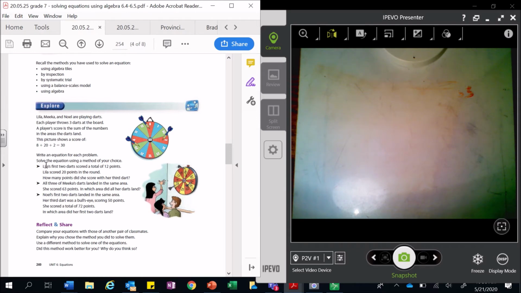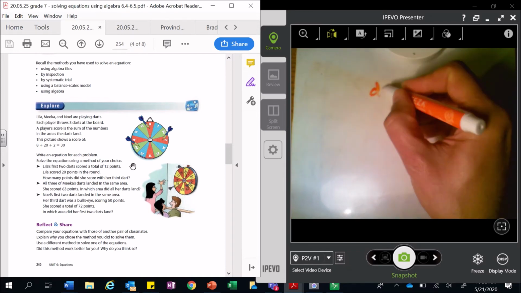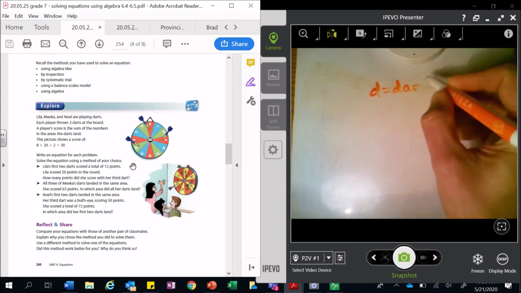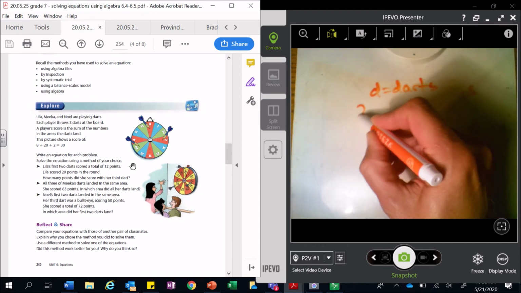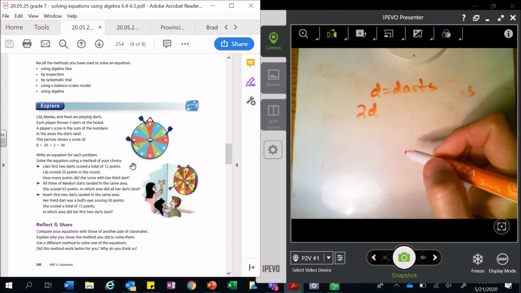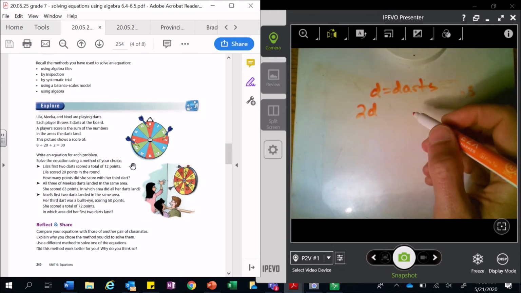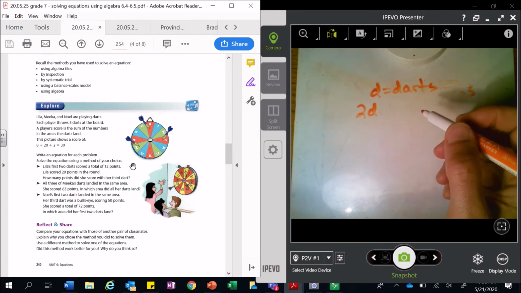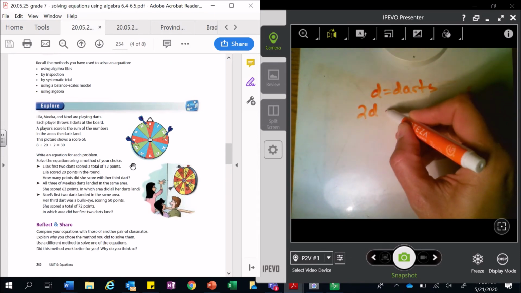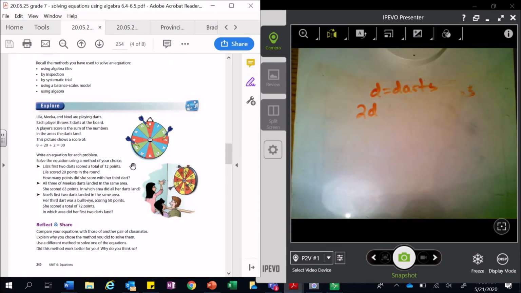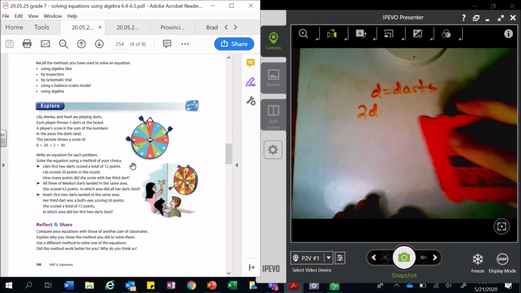Leela's first 2 darts scored a total of 12 points. Well, I'm going to make D equal her darts. That means she shot 2 darts, and that equaled a total of 12 points. Then she scored 20 points in the round. Oh, I'm making a mistake.